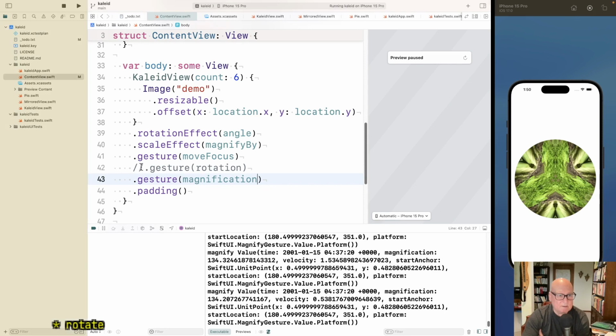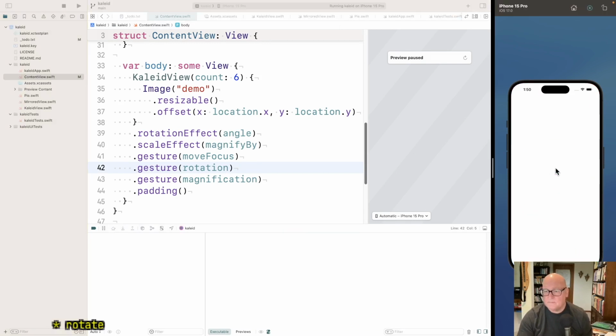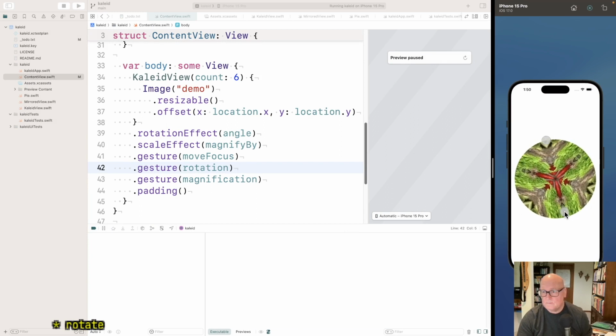Okay, and then we'll see if these are regarded as conflicting or not. Well, they're not regarded as conflicting, but this one just wins.